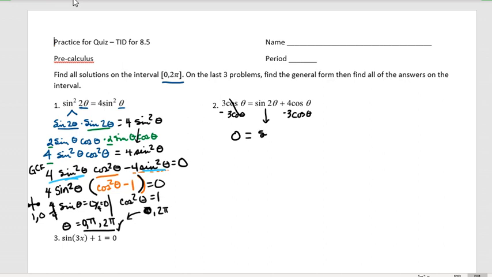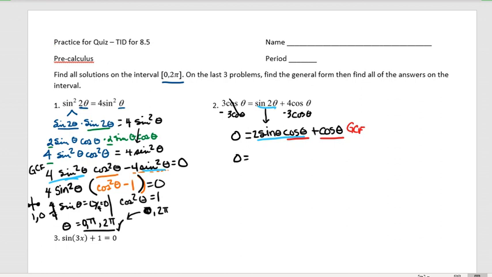This is 2 sine theta cosine theta plus cosine theta. Now I'm going to go back. I'm going to underline this turned into this. Now I have a GCF of a cosine and a cosine. All right, so I'm going to pull that out. What's underlined in red is what's coming out.